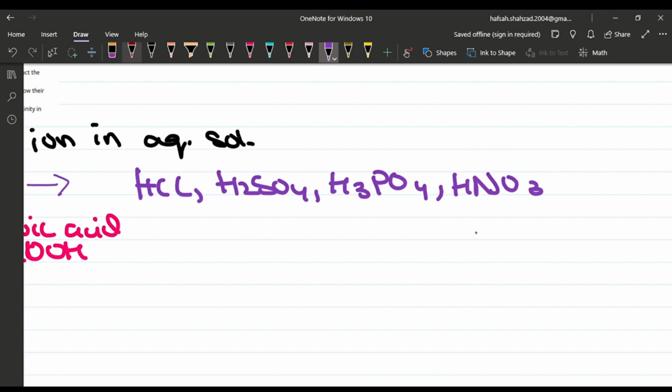These acids can be classified into monobasic, dibasic, or tribasic, depending on how many moles of hydrogen ions they give out in aqueous solution. For instance, let's take HCl.